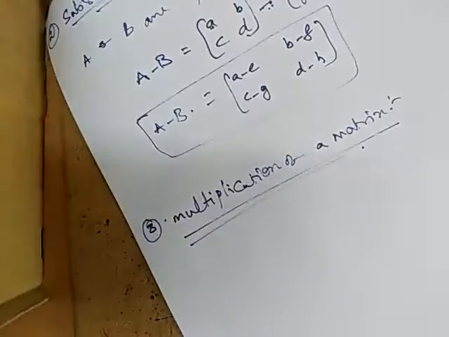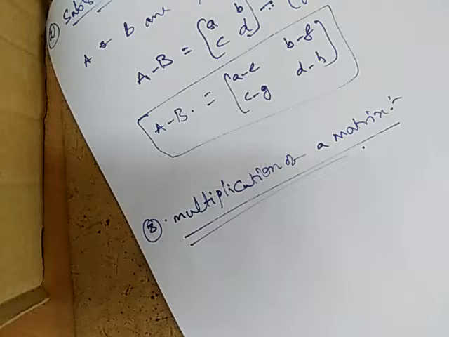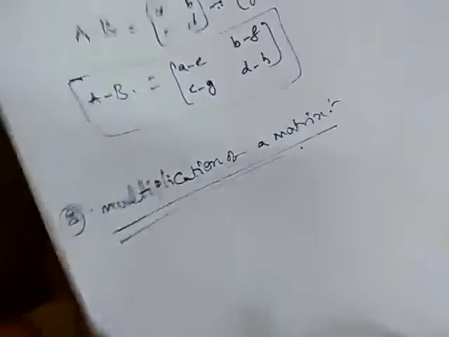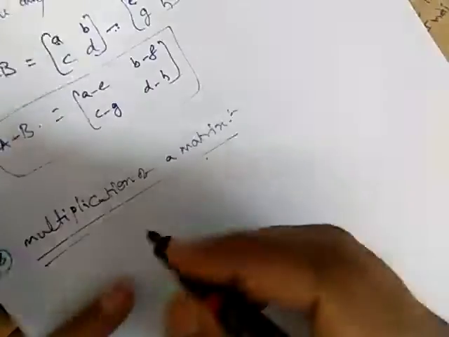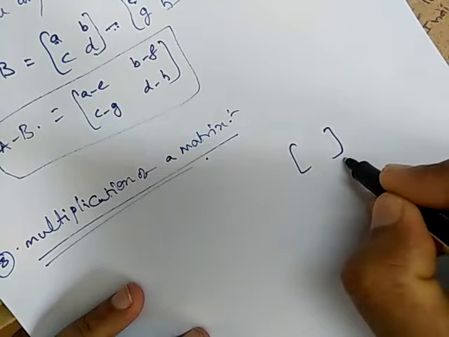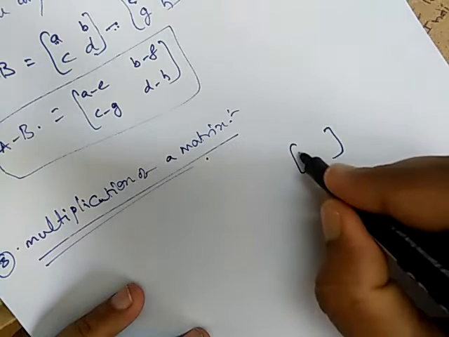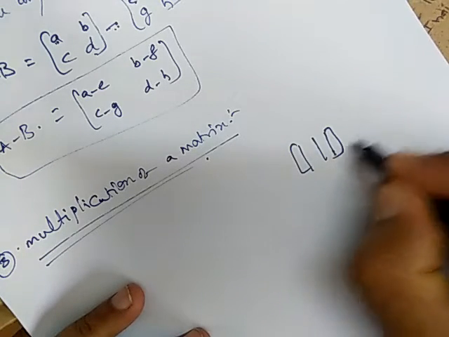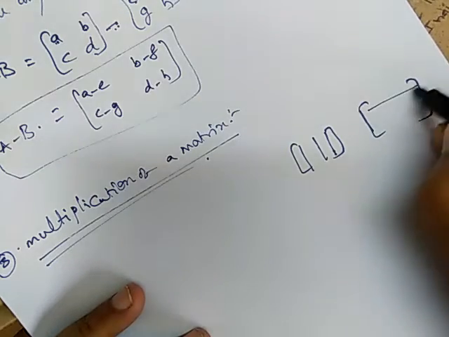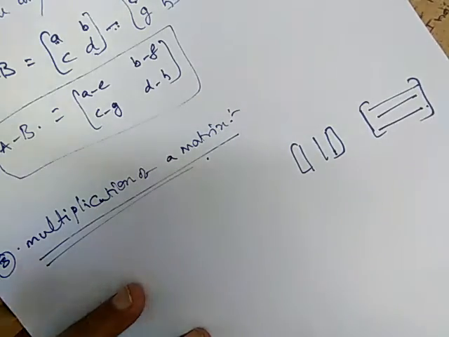Multiplication of a matrix is a different condition. This multiplication is applicable when the number of columns of a first matrix is equal to the number of rows of a second matrix.